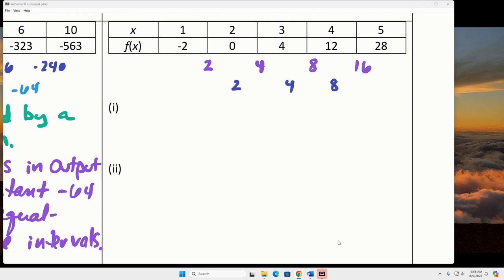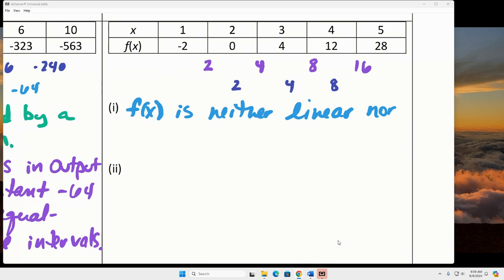This one, we'll talk about it later, when you see that there's a pattern that you're multiplying by something each time, it's an exponential function. But for today, when we're just talking about quadratic and linear, this one's going to be neither. And we're going to go ahead and give the reason similarly, just to practice our wording.